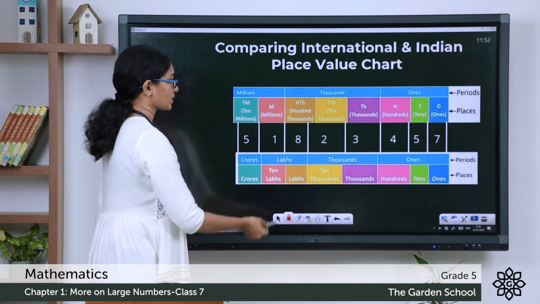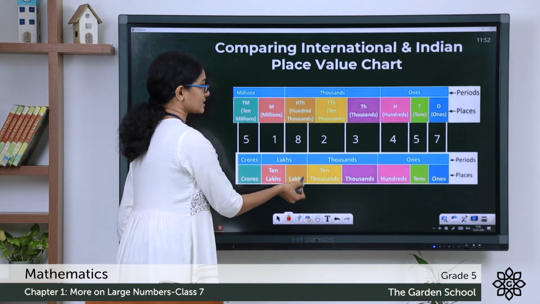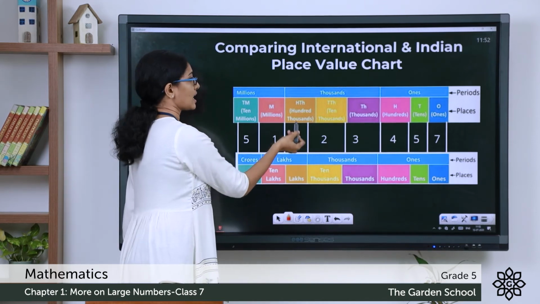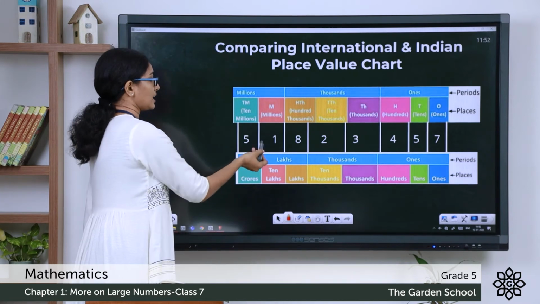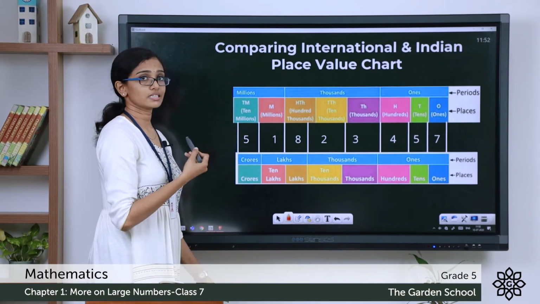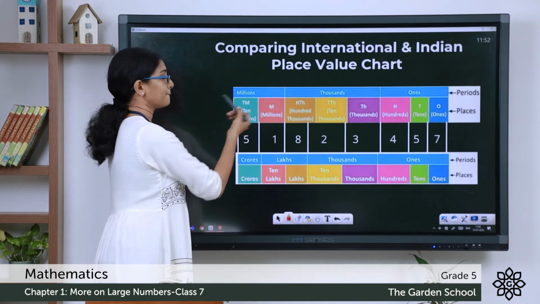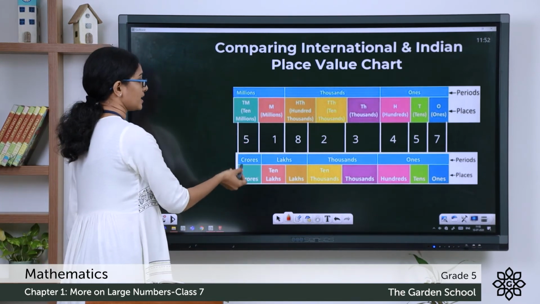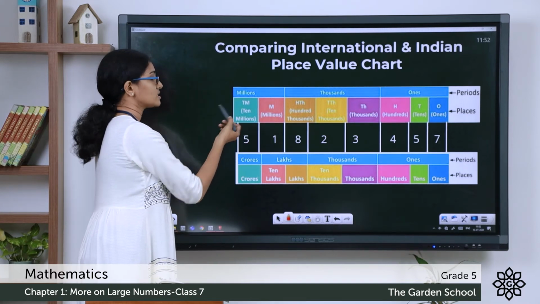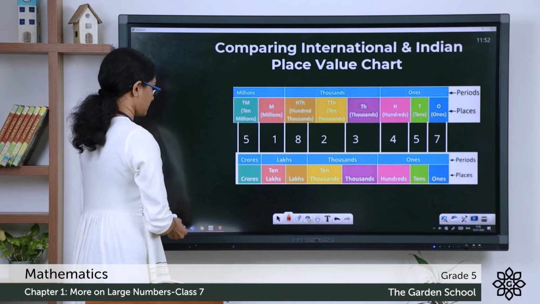Thereafter it changes. In the Indian system it is 8 lakhs. For the international system, it's 800,000s. In the Indian system, it is 1, 10 lakhs or 10 lakh. In the international system, we say that as 1 million. And here it's 5 crores, whereas in the international system, it is 5, 10 millions or 50 million.